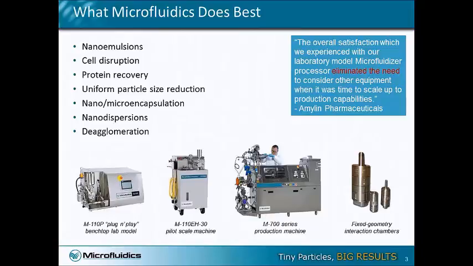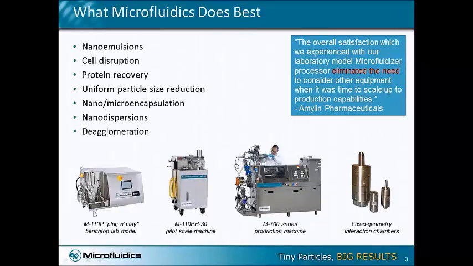In today's talk, I'm going to primarily focus on the biopharma industry, so most of my applications will be within that category. At the bottom, you can see different types of Microfluidizers. On the bottom left is a lab scale benchtop machine, the M110P unit.